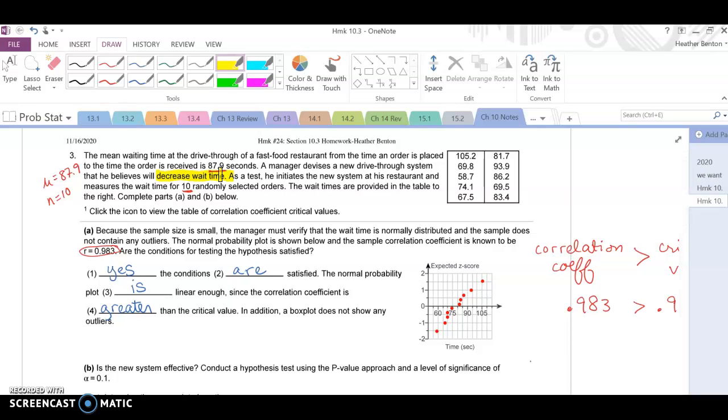So in part A, it says because the sample size is small, we can't just go ahead and assume normality by the central limit theorem. Instead, we have to graph a normal probability plot, which fortunately they did for us. Go find the correlation coefficient, which again they did for us, luckily.